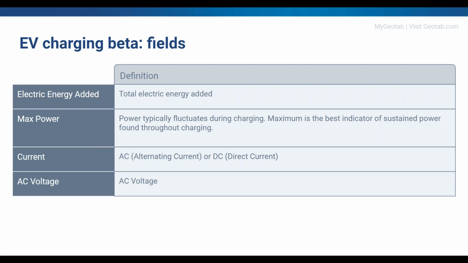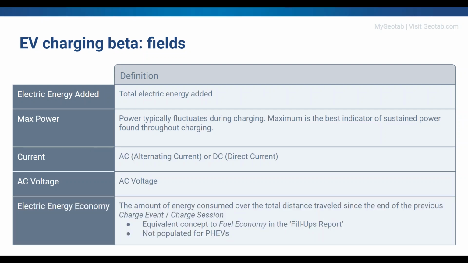That's usually 240 volts. But for those of us outside of North America, this is probably going to stay around 240 in that range. Electric energy economy: I talked earlier about how to compare between charging sessions. That value, we also bring into the report just to see a comparable value that's already calculated for you.